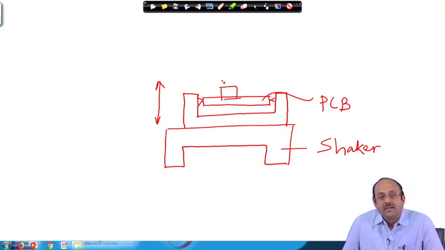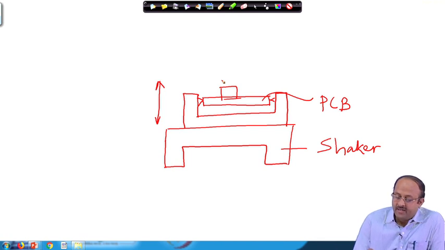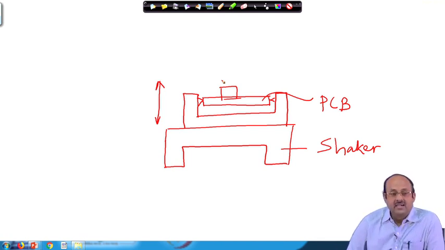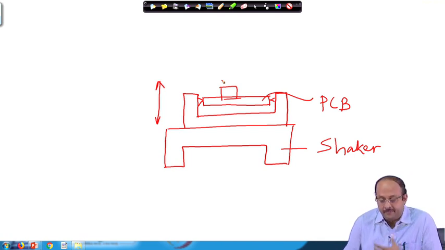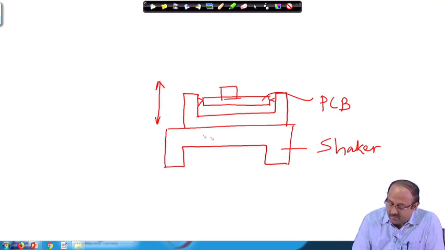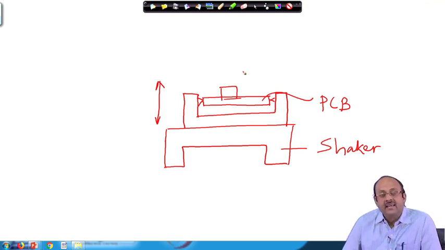There may be some components which are prone to failure in certain preferred directions. In that case, we can change the orientation of this holder and place it in such a way that the particular orientation is given vibration.